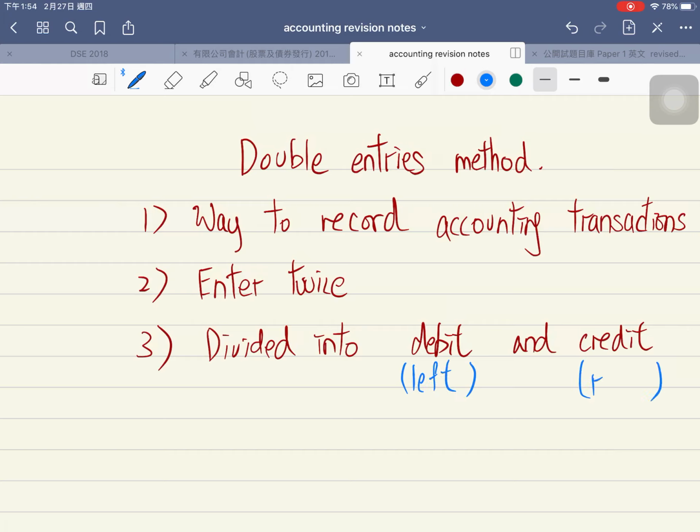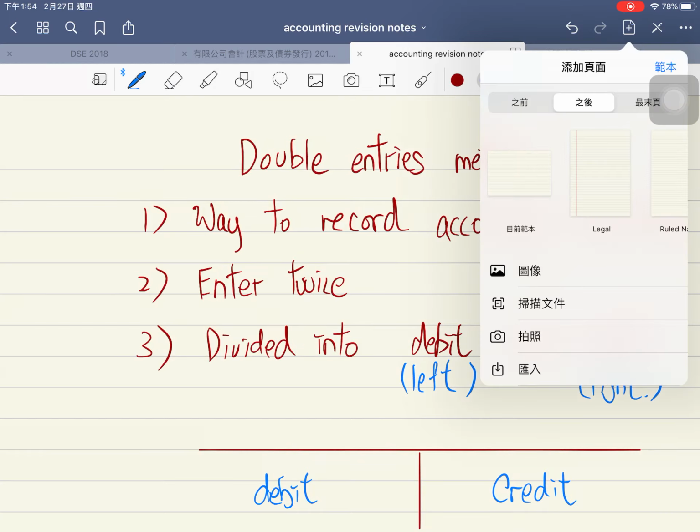For credit side, we call it right hand side. So this is debit side. This is credit.